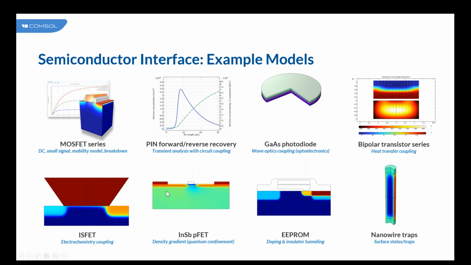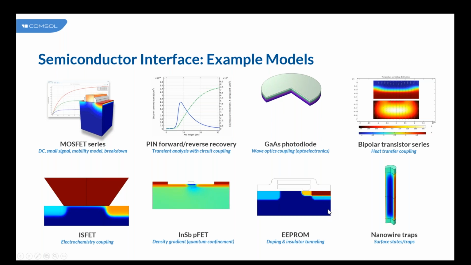This is an example to include some quantum effect or confinement by the oxide layer on the top. You can use our density gradient formulation and solve the drift diffusion equation, but also include the quantum effect. So that will dramatically reduce the computational time.